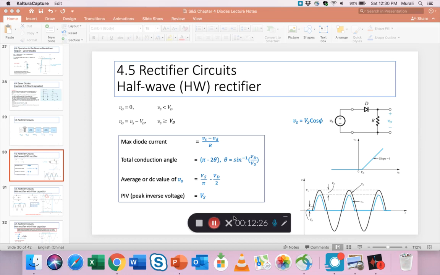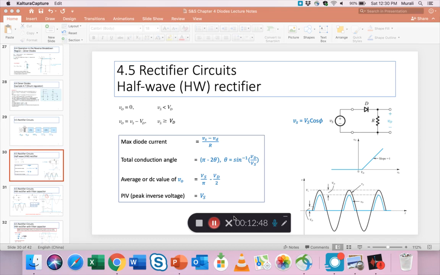So you'll notice that there is a delay, and that delay is Vd, and after Vd is reached is when the diode starts conducting. Okay, so the waveform for the output is somewhat distorted.